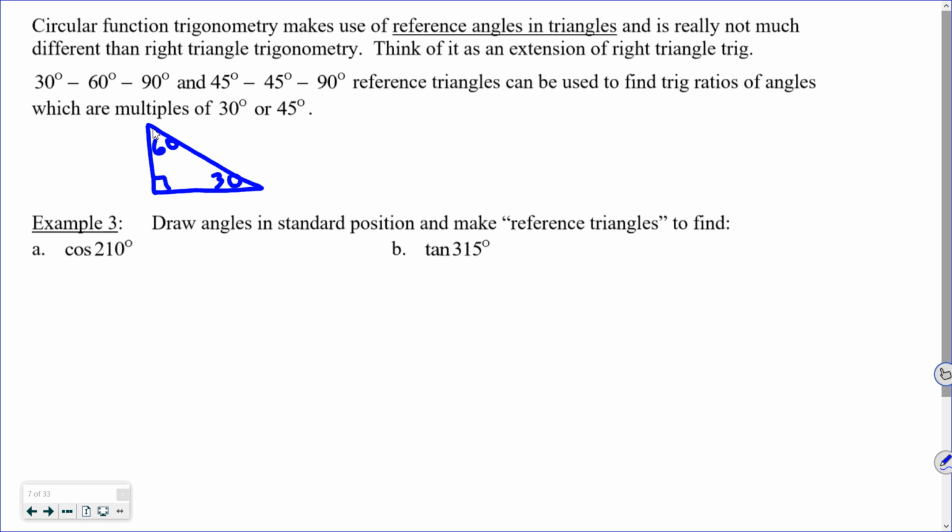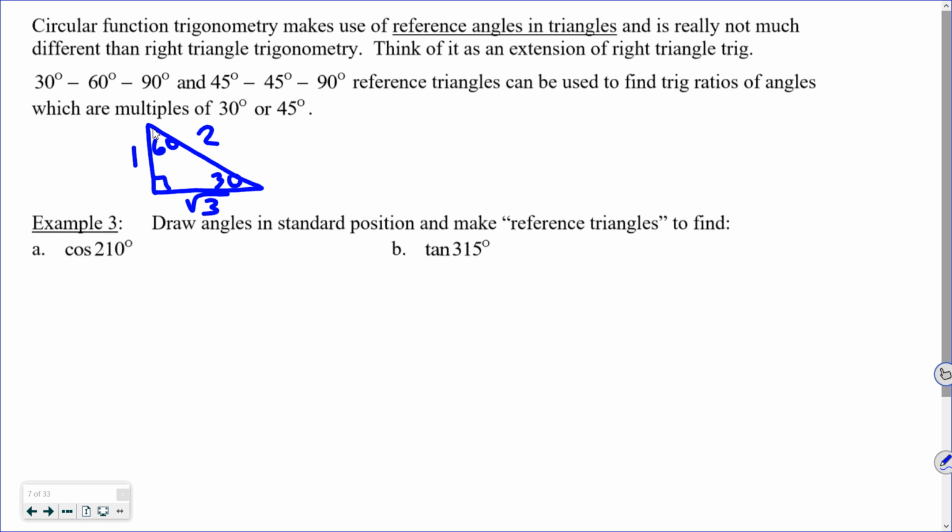If the hypotenuse is equal to 2, the short side is always equal to half of that. So the side opposite the 30-degree angle is equal to 1. And then the longer side is always the short side times the square root of 3. So that is your 30, 60, 90 triangle. And you just need to have that memorized.